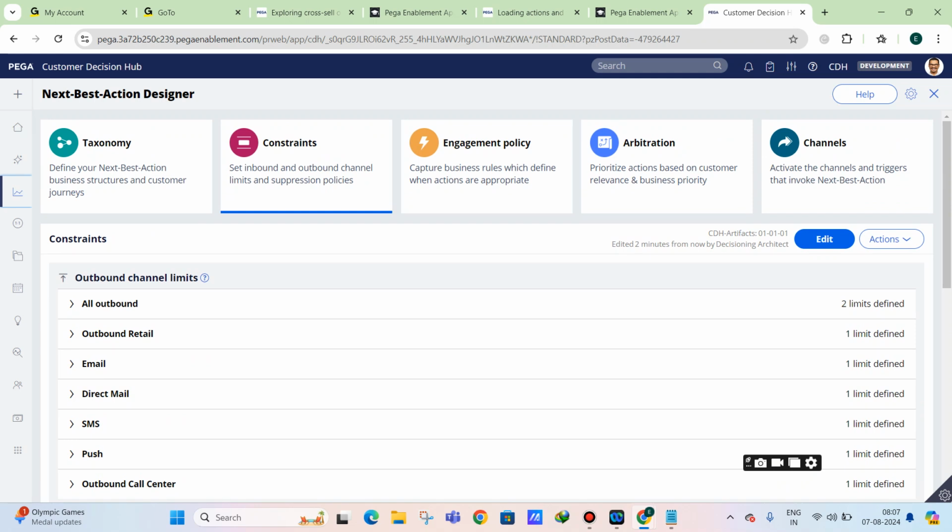Contact policy means we are restricting the number of emails or number of SMS without any change in the customer behavior. Even though the customer might have accepted or rejected, or nothing has been done by the customer, still, to make sure that we are not sending too many emails or too many SMS, we send the restriction using contact policy.